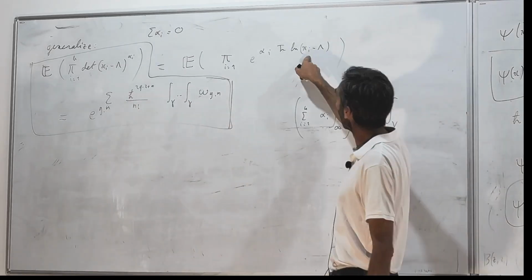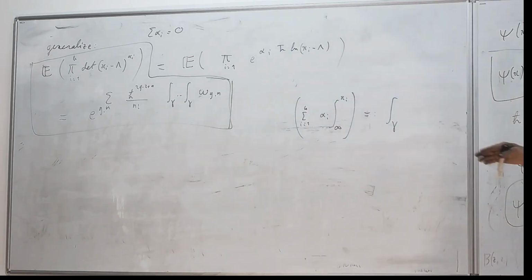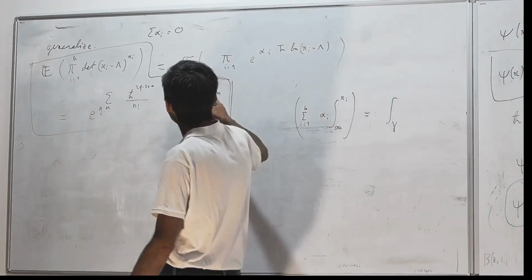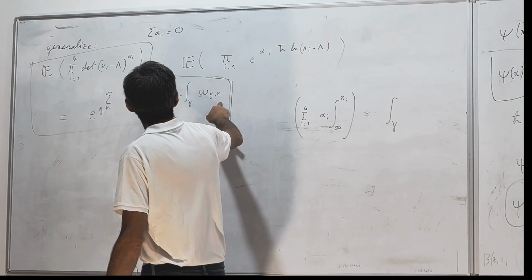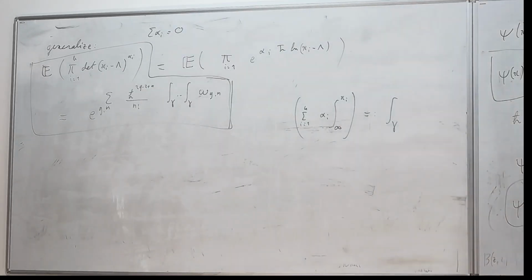The log is an integral of a resolvent, and you play with the cumulants and you arrive at this formula. So this is a formula for matrix models. This is a consequence of a definition. But you see that in the right-hand side, there only appears the omega g,n, and you could take this formula for omega g,n coming from an arbitrary spectral curve. It does not have to be related to matrix models.